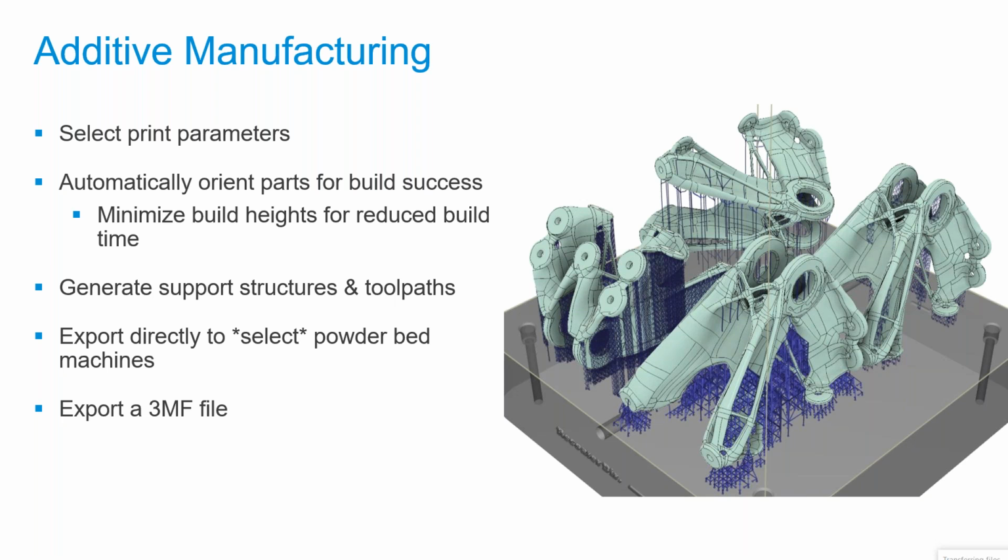It automatically generates the support structures, and it also minimizes the build height for reduced build time, and it gives you a direct export for select powder bed machines. So we can do powder bed additive manufacturing. Also we can export it as 3MF files to support any additive manufacturing machines.